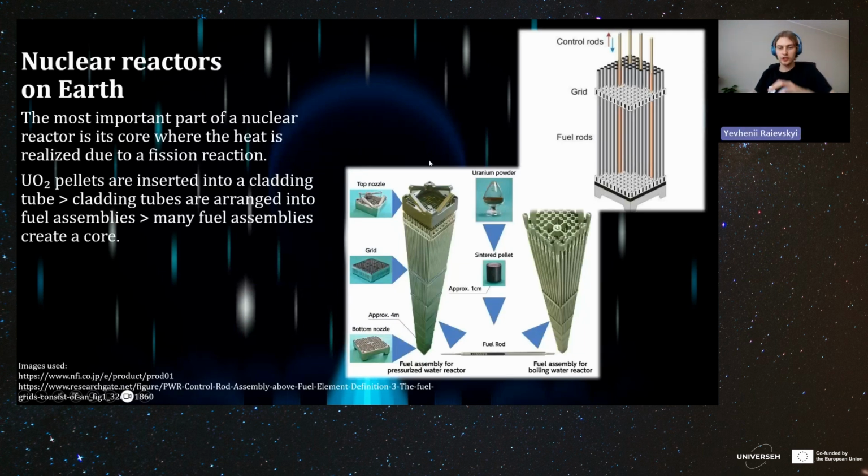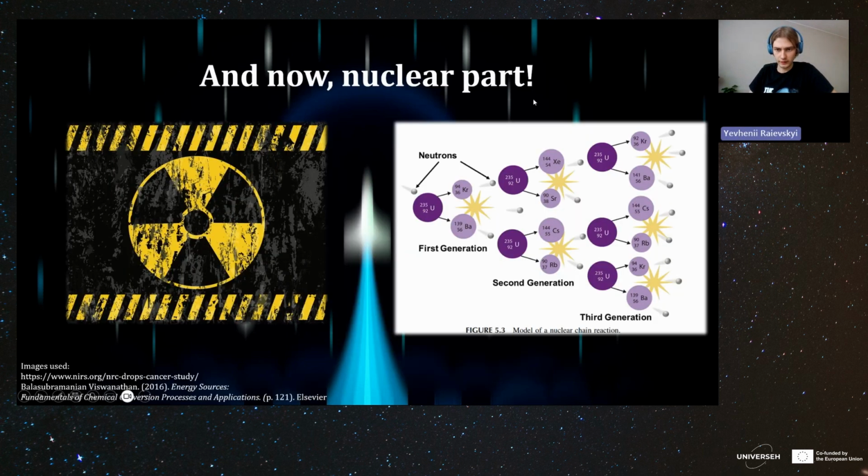So this is how they are structurally built, and the most important part of this is the chain reaction. The chain reaction is represented here. It relies on uranium-235, as we all know.